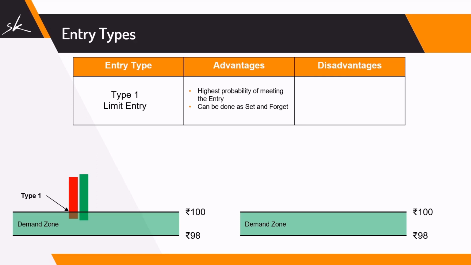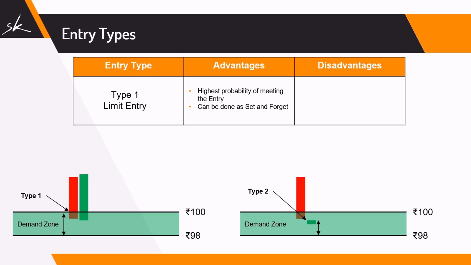Talking about the disadvantages, in case of type 2 entry, we wait for the prices to go inside the zone and form a bullish or a very bullish candle. This implies that we are buying at a price which is cheaper than the proximal line. Therefore, in case of type 2 trades, the risk will be smaller compared to type 1 trades.